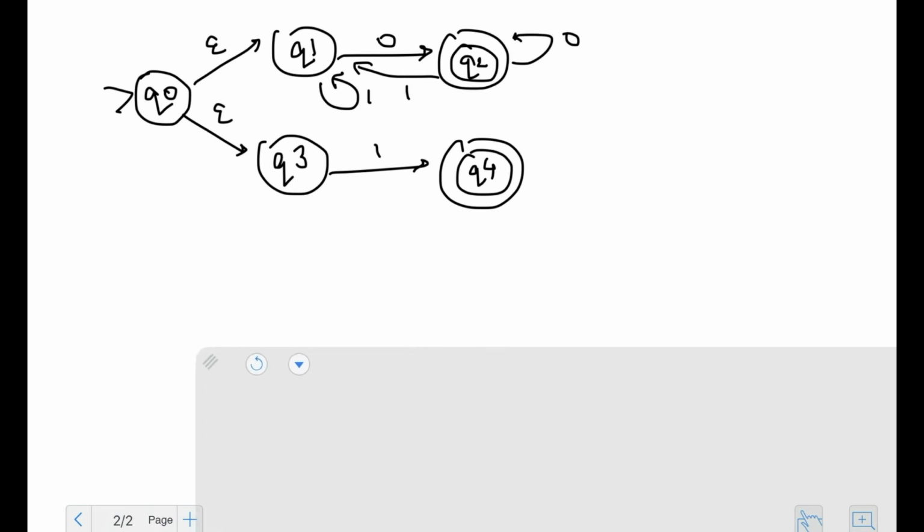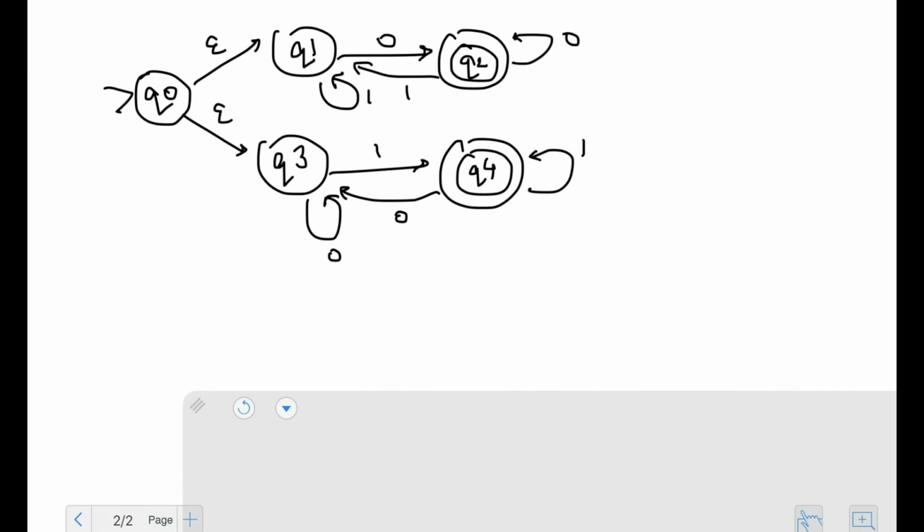In the states at the bottom, from Q3 I retain state at 0, and Q4 retains state at a 1, and Q4 comes back to Q3 on a 0. So this is the NFA that I have.